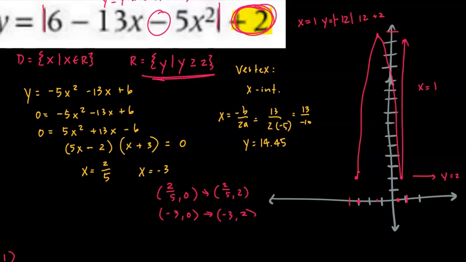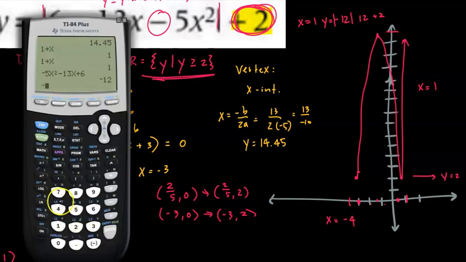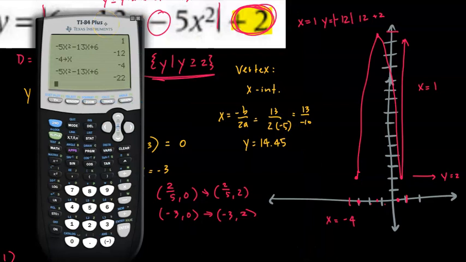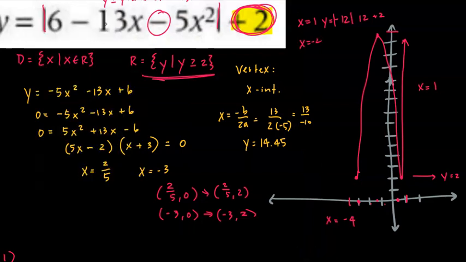And then if I put in a number like x equals negative 4, store as x. Let's put that back in: -5x squared minus 13x plus 6, negative 22, x equals negative 4.